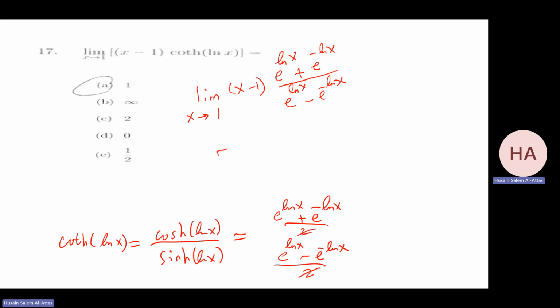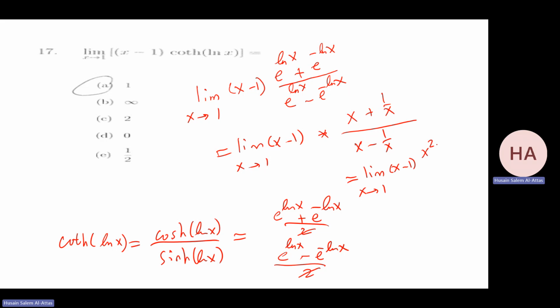So the limit as x goes to 1 of (x minus 1) times (x plus 1 over x) over (x minus 1 over x). In other words, the limit as x goes to 1 of (x minus 1)(x squared plus 1) over (x squared minus 1).